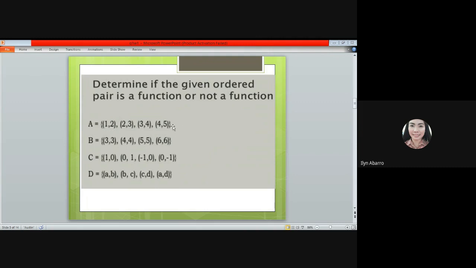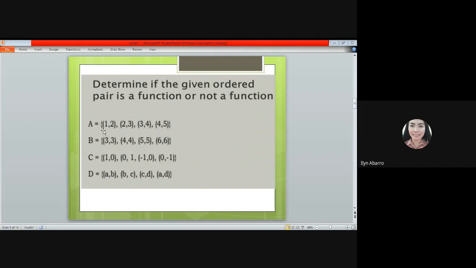Let us now determine if this is a function. To determine if it is a function, the x coordinate should be related to exactly one element of the range. To make it short, to know if it is a function or not, there should be no repeated value in the x coordinate or the domain.